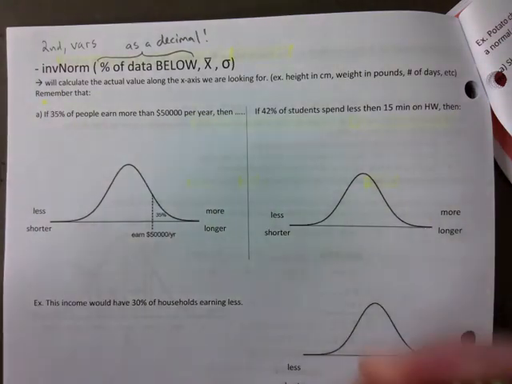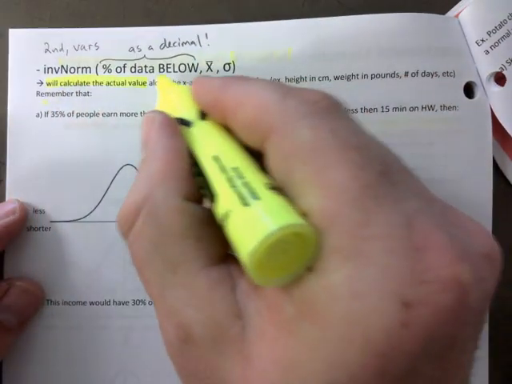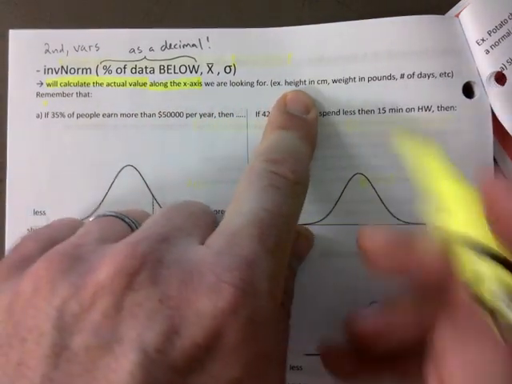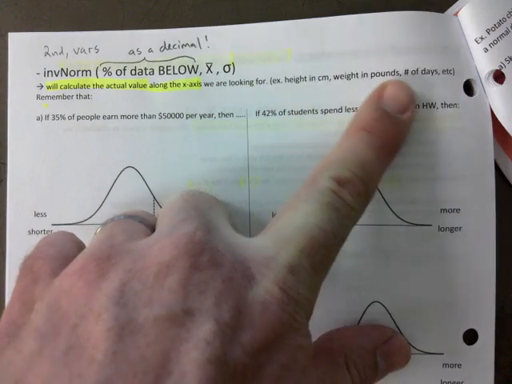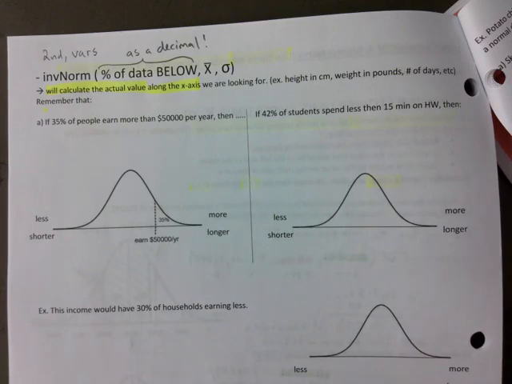It will calculate the actual value along the x-axis you're looking for. So it could be height in centimeters, weight in pounds, number of days, etc. So when will you be using inverse norm? When you're trying to find an actual value, not percentages.